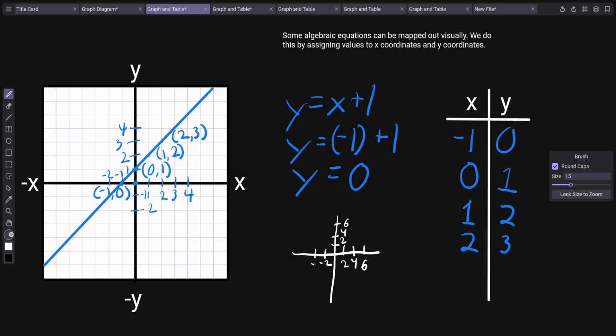So negative 2, negative 4, negative 6, and then negative 2, negative 4, negative 6. And then we would have had to account for that. And that can get a little confusing, and more confusing still sometimes.